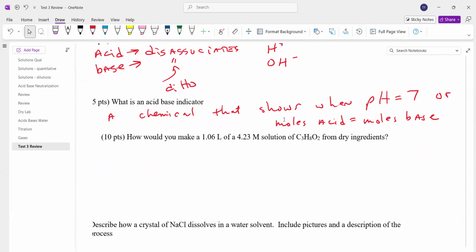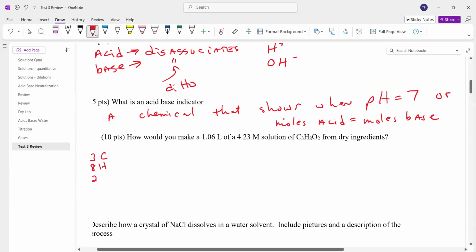How would you make 106 liters of 4.23 molar solution of propionic acid, C3H6O2? Dry ingredient. Dry means grams from the molar mass. Okay, so let's see what the molar mass for propionic acid is. We got 3 carbons, 6 hydrogens, and 2 oxygens.